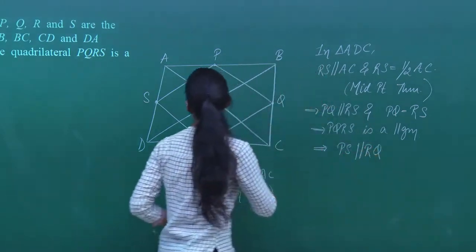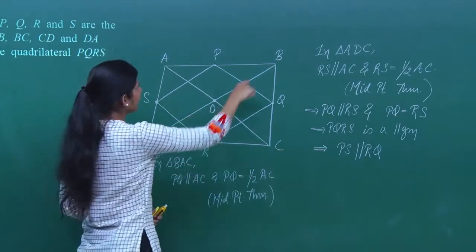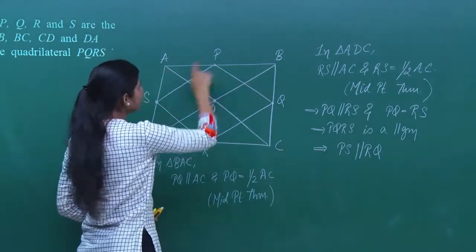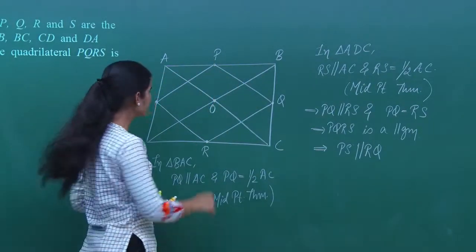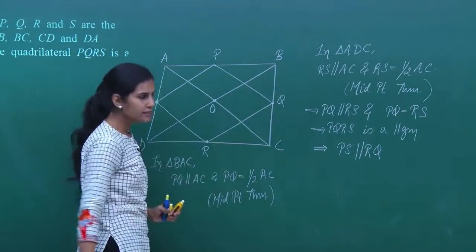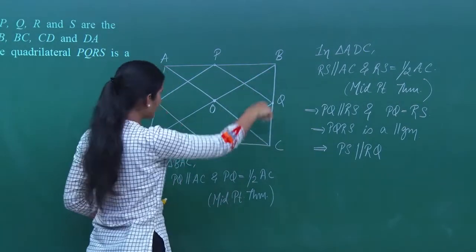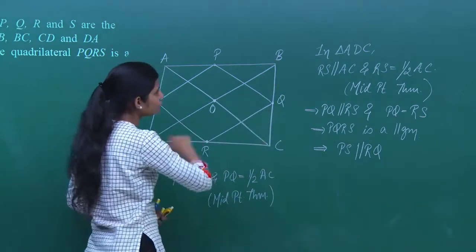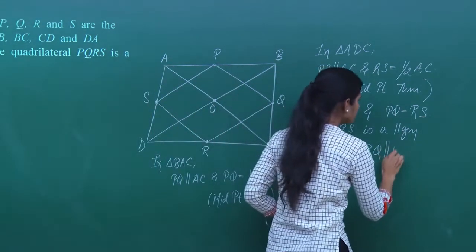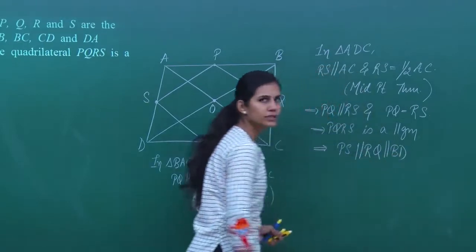Or you can also say, because in the triangle ABD, PS is the line segment joining midpoints of two sides, it will be parallel to the third side BD, and RQ is the line segment joining midpoints of two sides of the triangle BCD, so it will be parallel again to BD. So both these are parallel to BD and therefore they are parallel to each other.